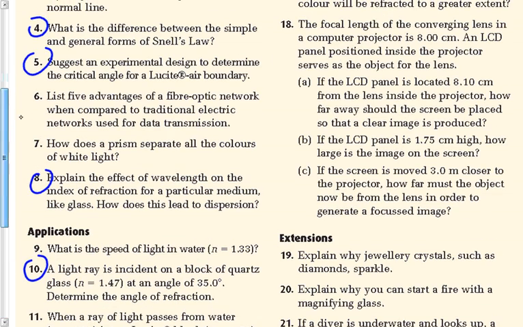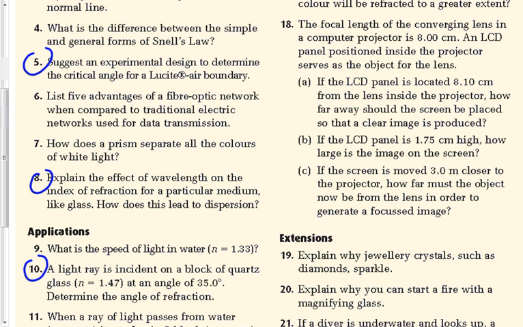I shouldn't have assigned number 4. Actually, I didn't mean to assign that one. Don't worry about that. Sorry about that. That's completely irrelevant for us. Number 5, we'll go over those.